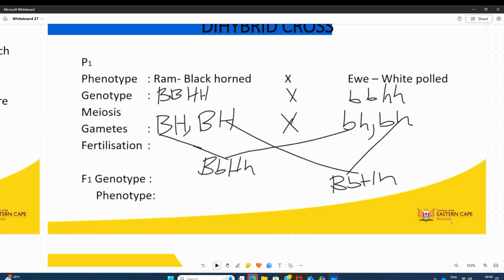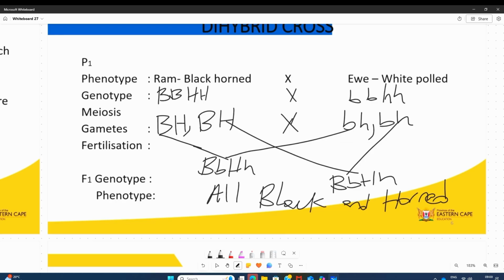The phenotype of these: they are all black and horned, because the genotypes are heterozygous. So this is the phenotype of the first filial generation. Now, let's move on.